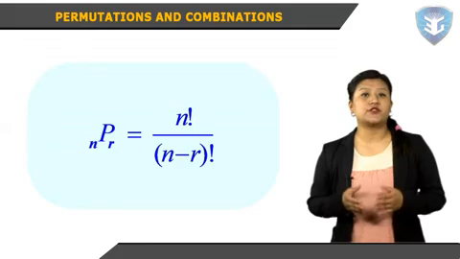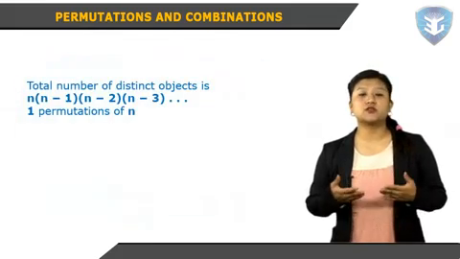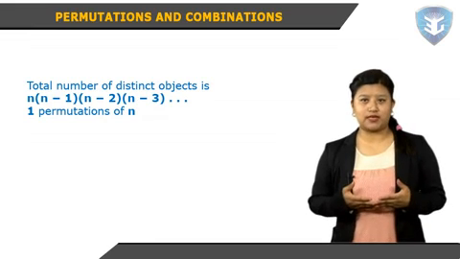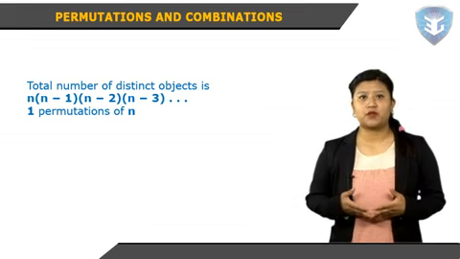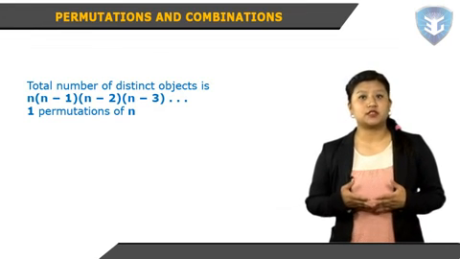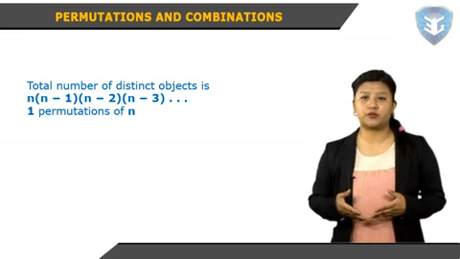Each possible choice for rearranging the distinct elements is called a permutation. We conclude that the total number of permutations of n distinct objects is n into n minus 1 into n minus 2 into n minus 3, and so on down to 1. The terms are multiplied because for each choice at every position, you have any one of the remaining choices.